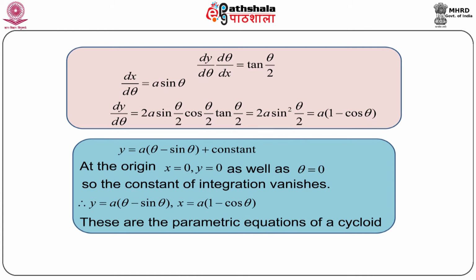So, the constant of integration vanishes. Thus, we get y equal to a into theta minus sin theta and x equal to a into 1 minus cos theta, which are the parametric equations of a cycloid. Theta is the parameter here.